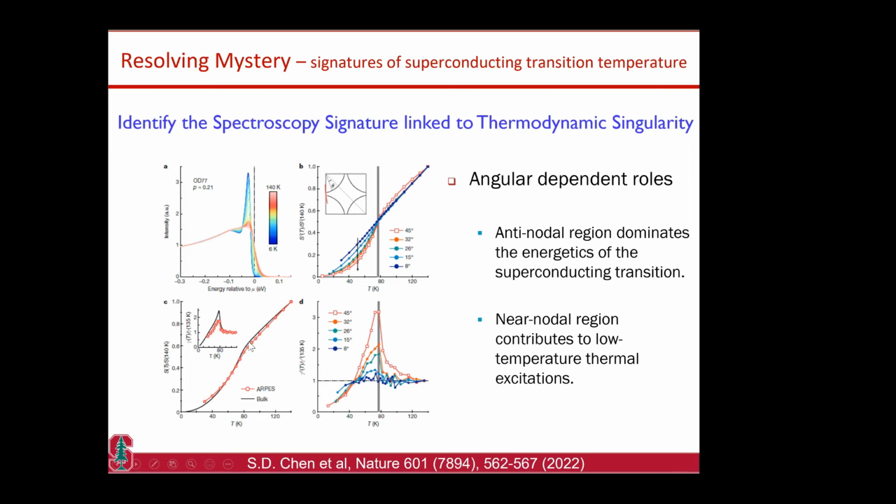And once you have this curve, then you can do a derivative. And that is the solid black curve here, which is what you get from thermodynamics, basically specific heat measurement. The points here are the spectroscopy data.